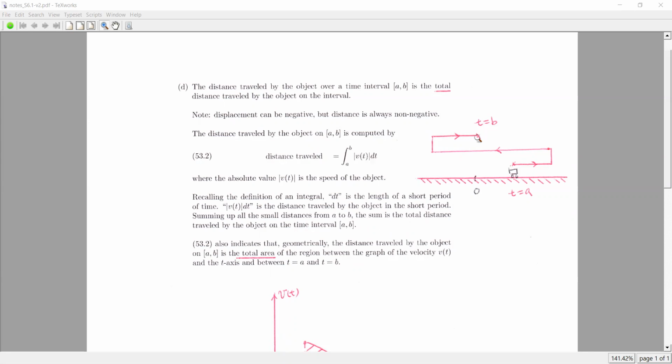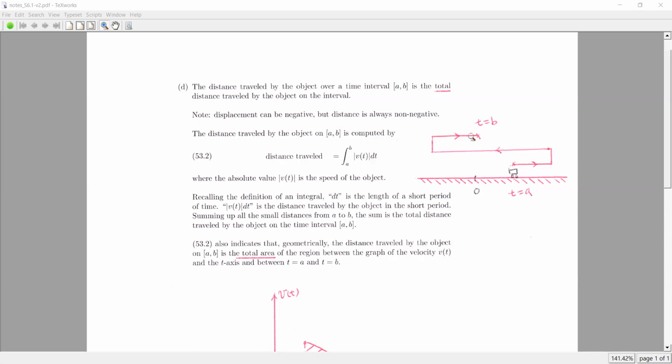The distance traveled by this car over this time interval is this distance plus this distance plus this distance.